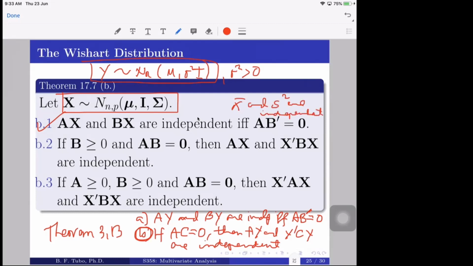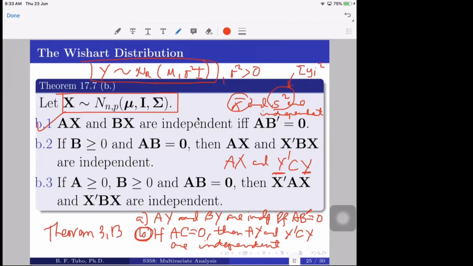If you want to show that the mean and the standard deviation S are independent, all you have to do is to rewrite X bar as AX and rewrite S square as Y prime CY, no? Because if you recall, S square is a function of the summation of yi squared, so it has a component of Y prime Y.